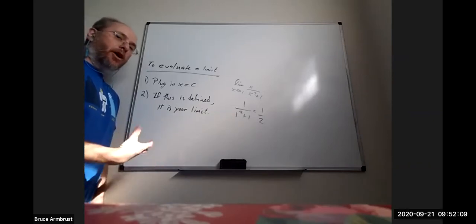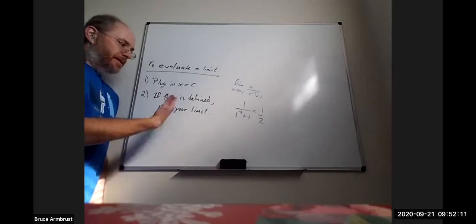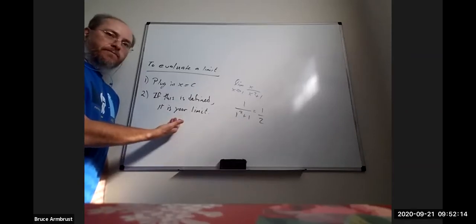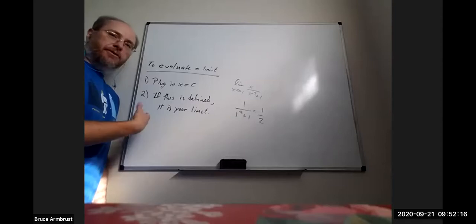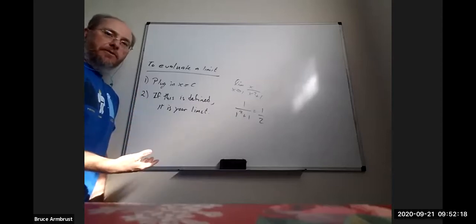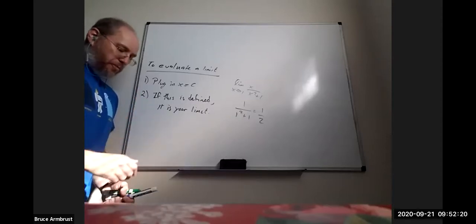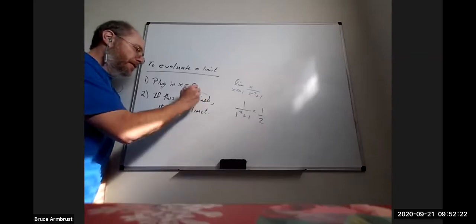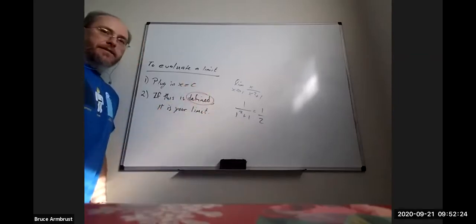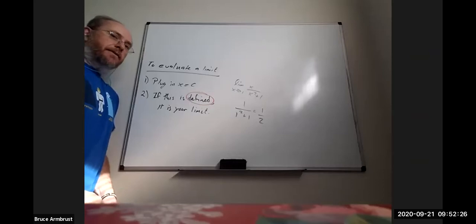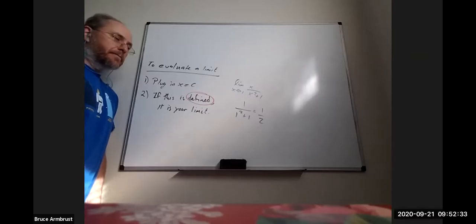And so for all of those functions, that's all you got to do. You just plug it in and you've got your limit value. But super important is this word, as long as it's defined, because if it's not defined, then we're going to have a bit of an issue.